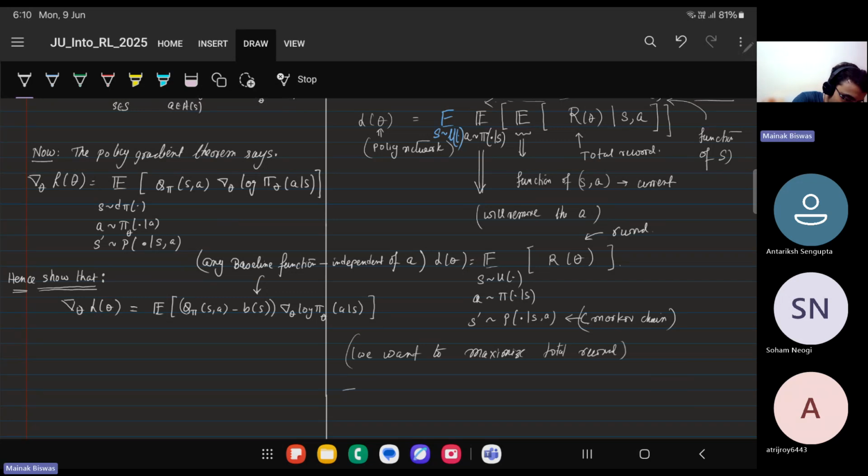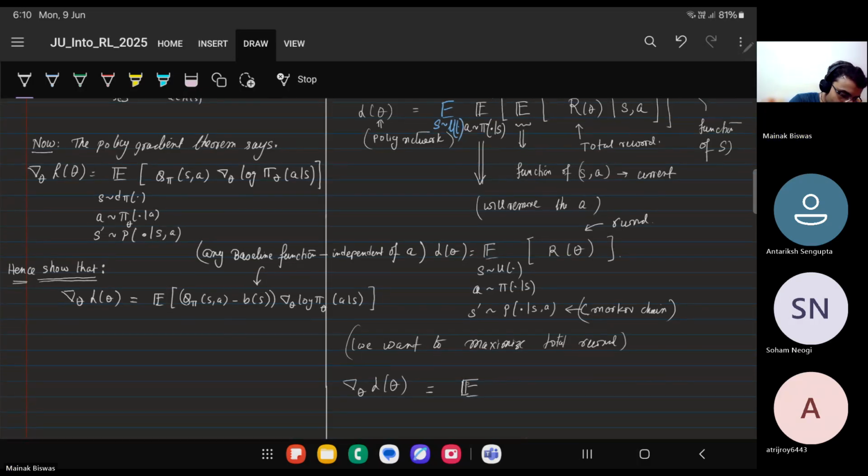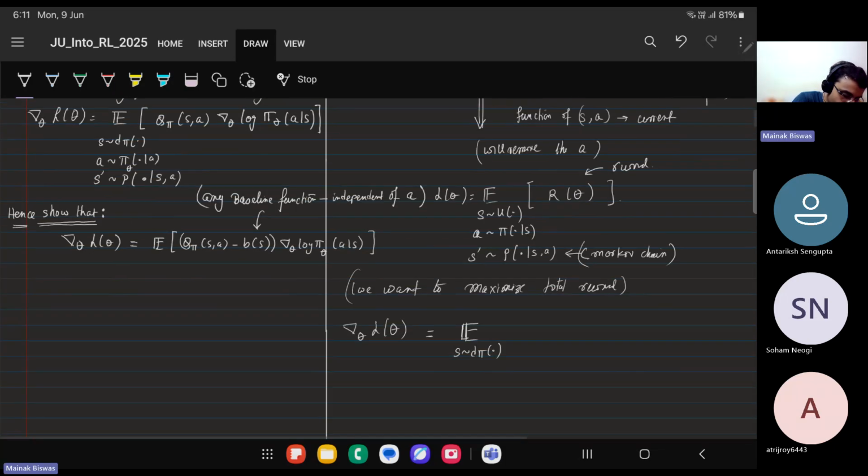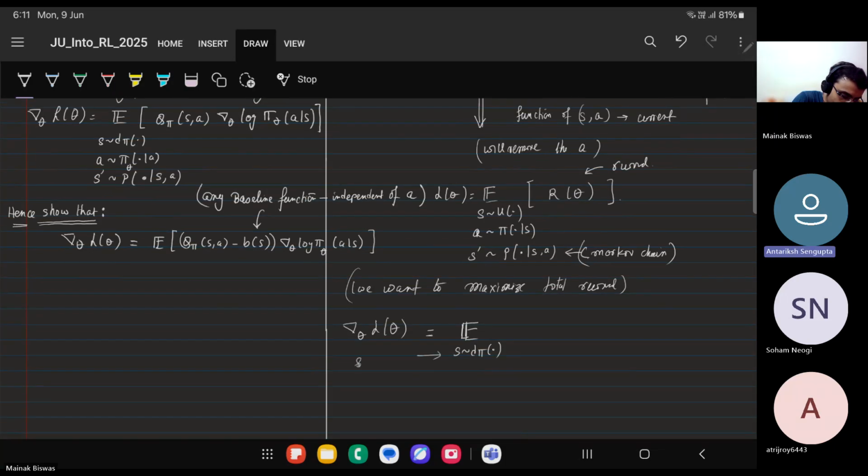Then we took the derivative of L theta because we want to do gradient descent. We found that this expectation basically changes into an expectation over the stationary distribution and a term called ln pi of theta.